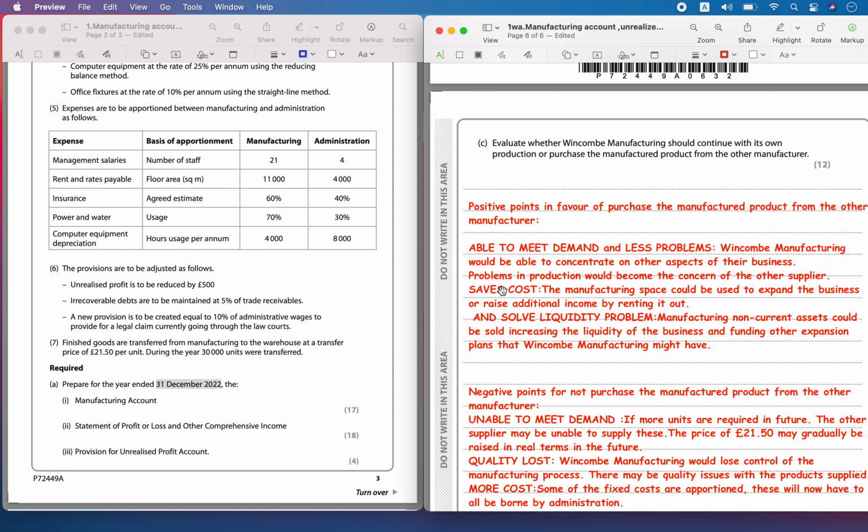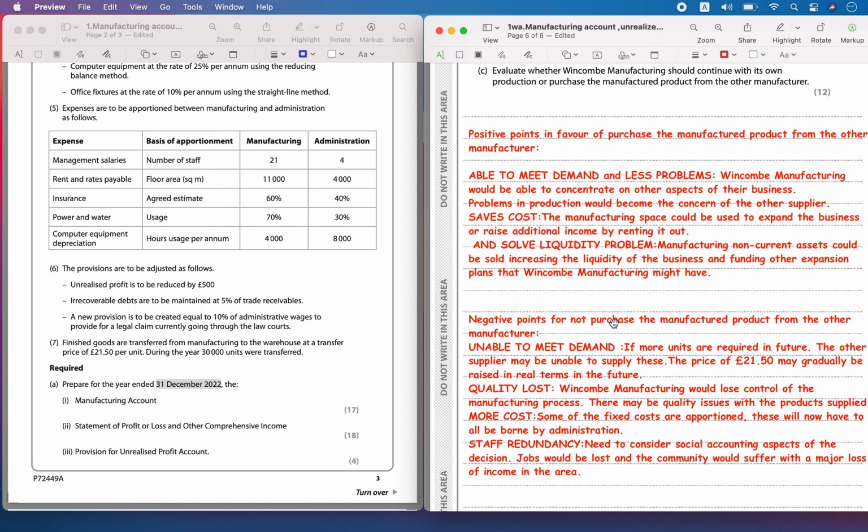It is also probably going to save some costs if he is able to sell off the manufacturing space or rent it out to get additional income. It will also help solve his liquidity problem, so that the unused non-current assets could be sold and the cash used for future expansion plans.